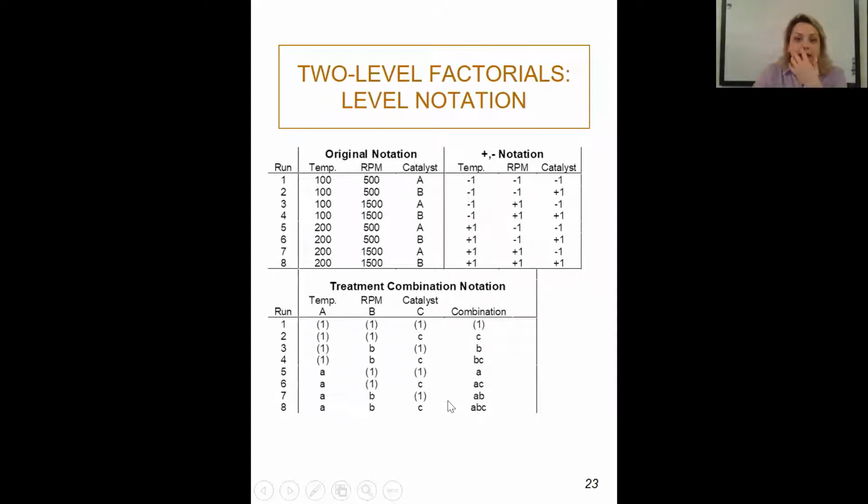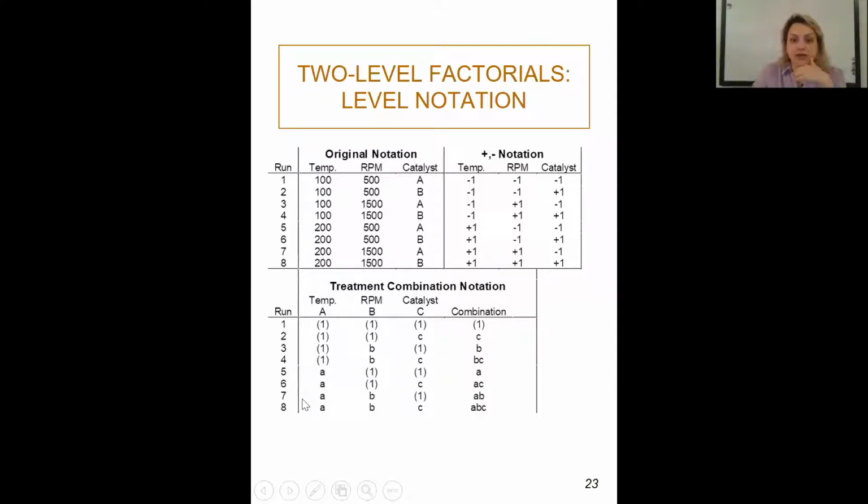And so each of these runs, instead of writing down, for example, 100, 500, and catalyst A for run 1, we can simply represent it by one number, which is 1.